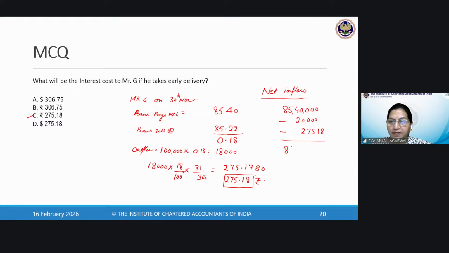So he will end up getting 85 lakhs 19,724.82.